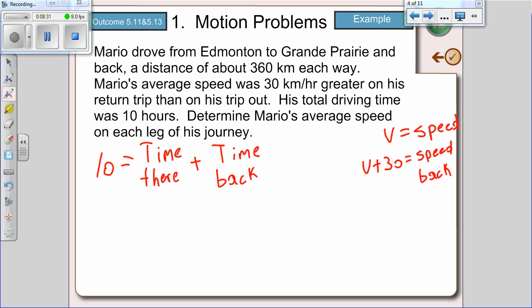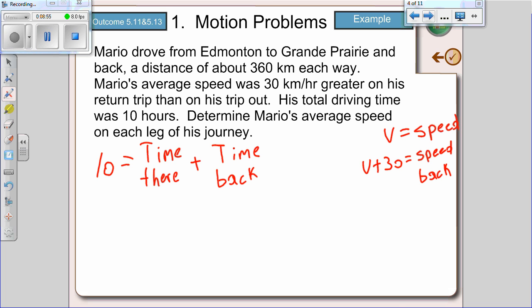So, the time there. How do you figure out how long it's going to take you to get somewhere? You take how far it goes and you divide it by how fast. Exactly. So if I need to go 200 kilometers and I'm driving 100 kilometers an hour, how long would it take me? 2 hours. Because you divided 200 by 100.